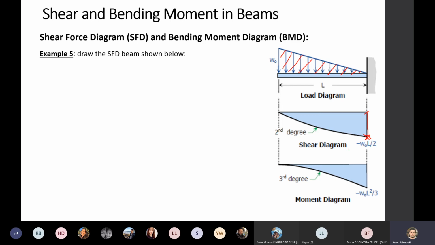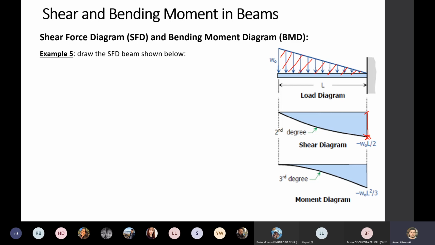But is it going up or down? Let's think about it. This is all in the negative, right? We agreed this shear force started from 0 going all to a negative value here. So that means it's going down. The third question we need to ask ourselves, is it facing up or facing down?